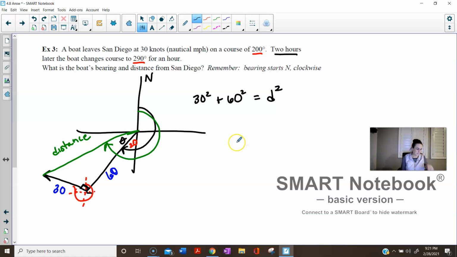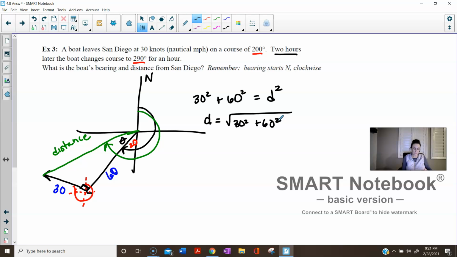So throw that into your calculator and you're going to get distance is equal to the square root of 30 squared plus 60 squared. So let me put that in my calculator.